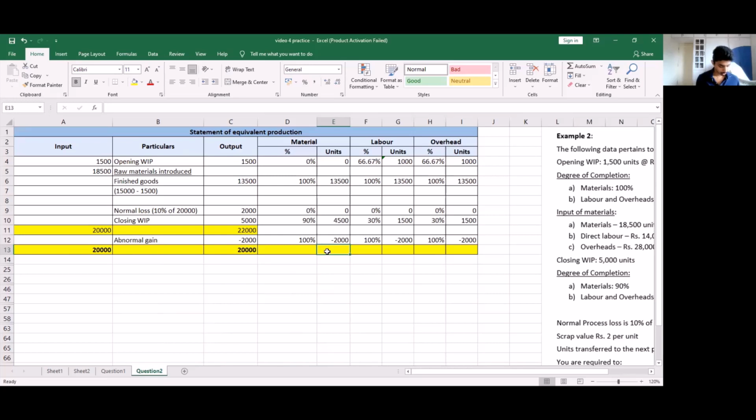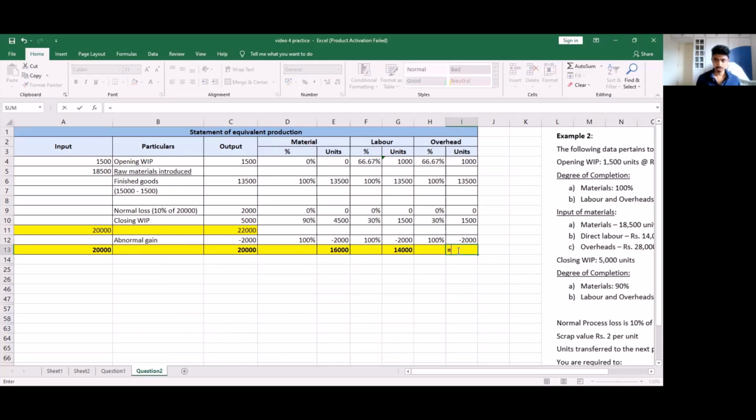Now let's sum to find the total equivalent production for materials, labor, and overheads. So for materials, we have got an equivalent production of 16,000 units. For labor, we have got 14,000 units.